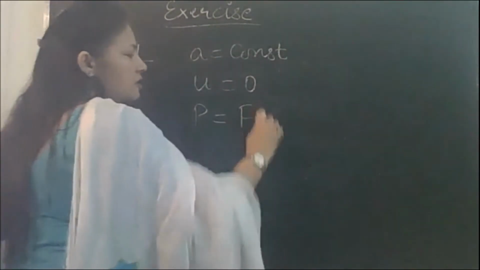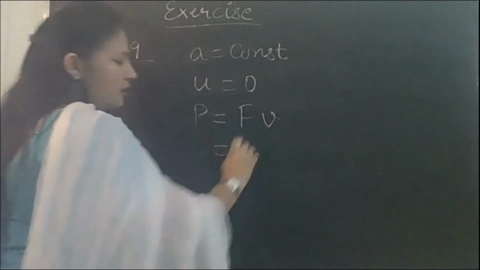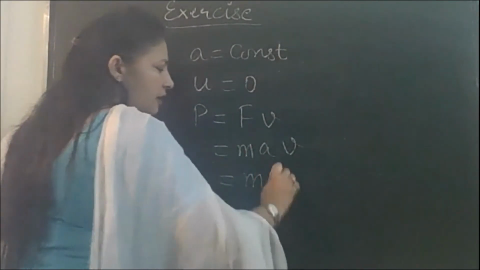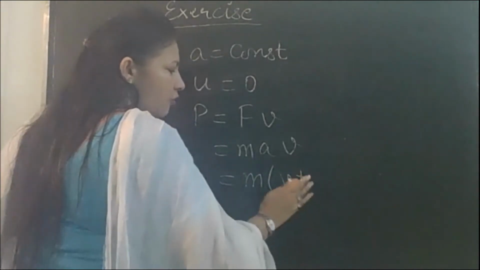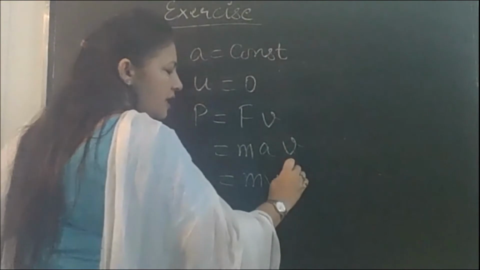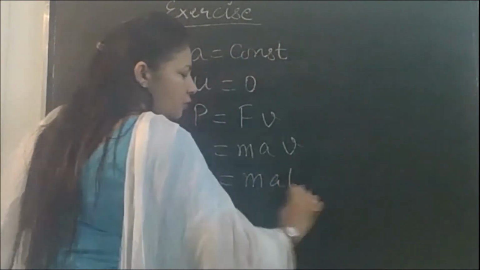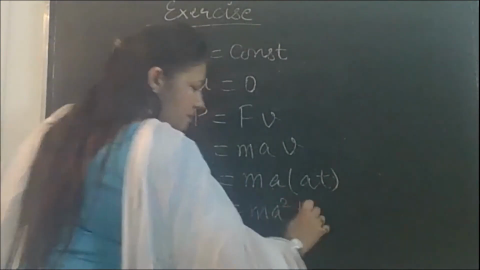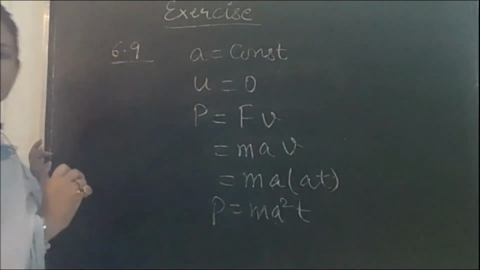So power is force into velocity. F is equal to ma, and velocity we can write as acceleration into time, because we have to express it in terms of acceleration, which is given constant.